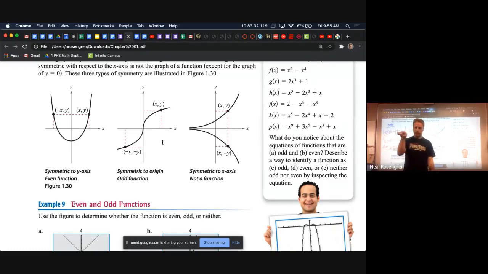Well then, negative 1, negative 3. Plug in the opposite of x, you get the opposite of y. And that's for all of them. In other words, I am going to plug in a negative x, and it's going to give me the negative version of whatever I would have gotten had I just plugged in x. The entire function should change signs.